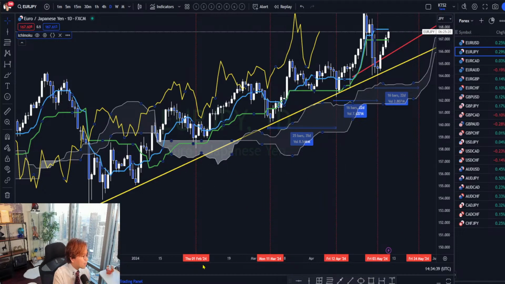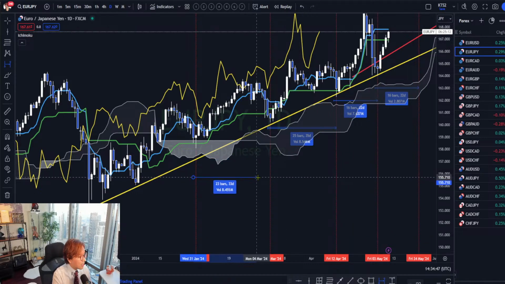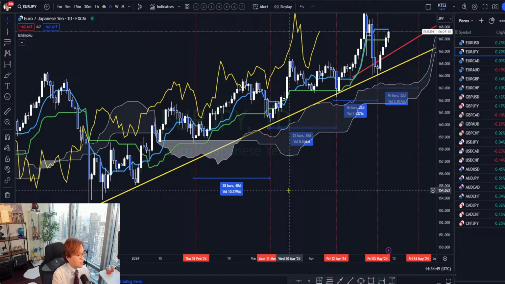So from the 1st of February this year to 11th of March, the number of candles was 28. So 28 is 2 candles difference from 26, and this is also one of the cycles.